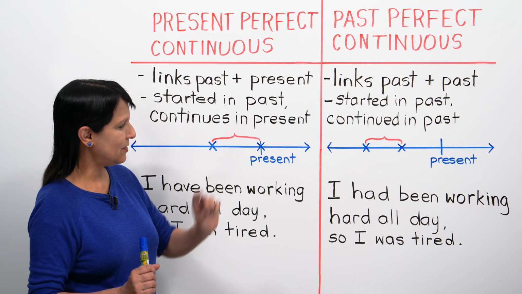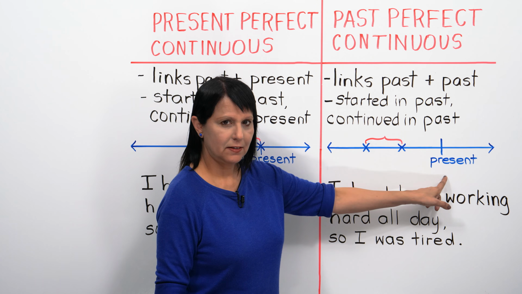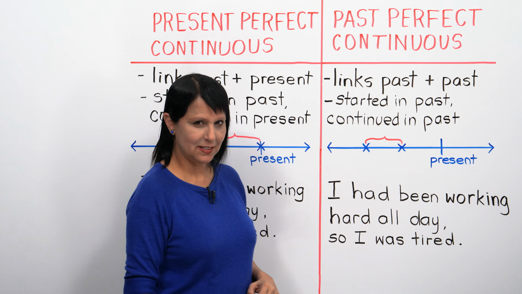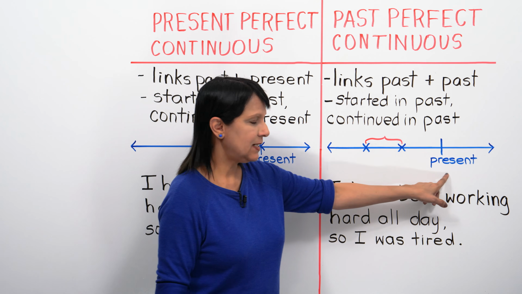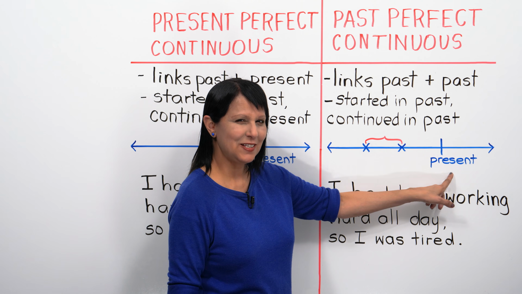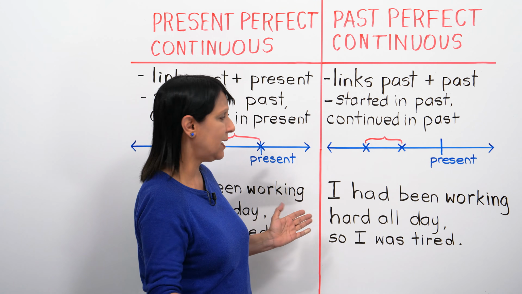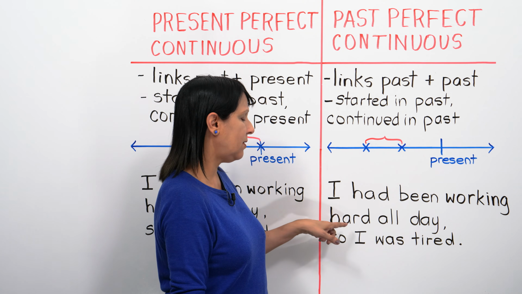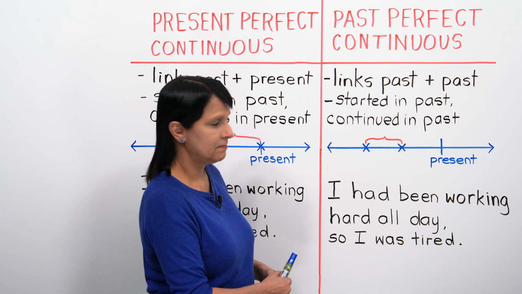Okay? Let's look at the other side. Now, in this timeline, again, this is the present, that's the future, and this is the past. But now, whatever we're going to say, it doesn't touch the present. It talks only about two actions in the past. For example, I had been working hard all day, so I was tired.